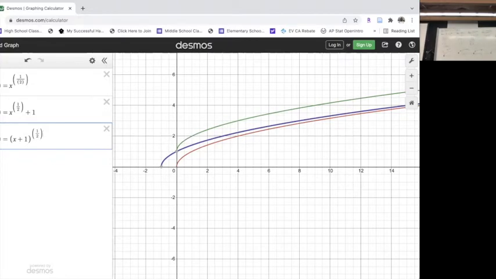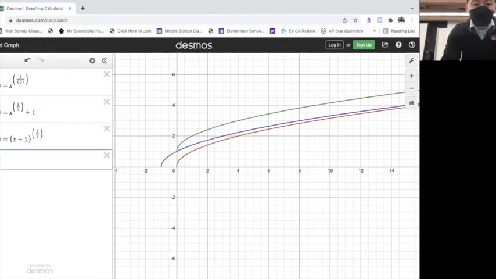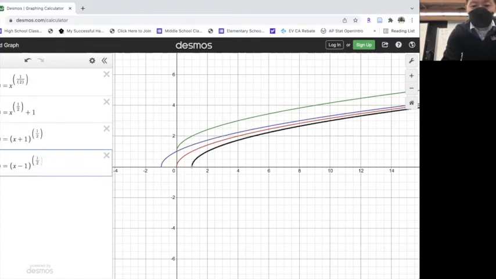It's the blue graph that shifted this way. And the next one, f of x equal to parenthesis x minus 1 to the power of 1/2. Right? So now it shifted this way, not this way.